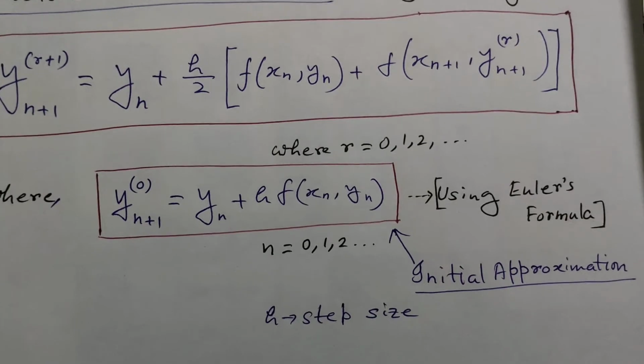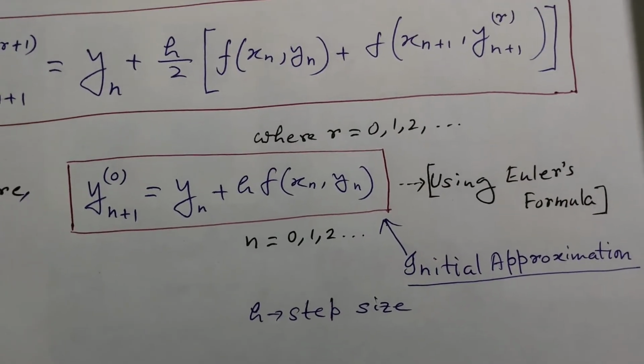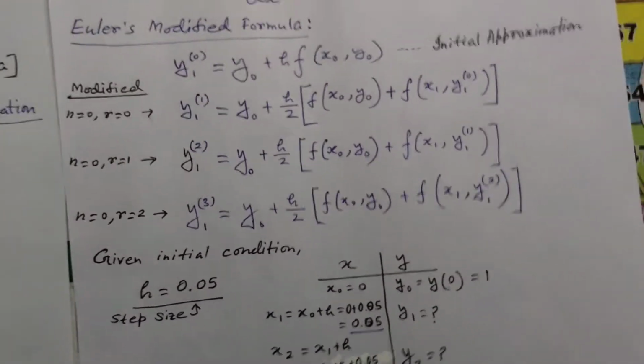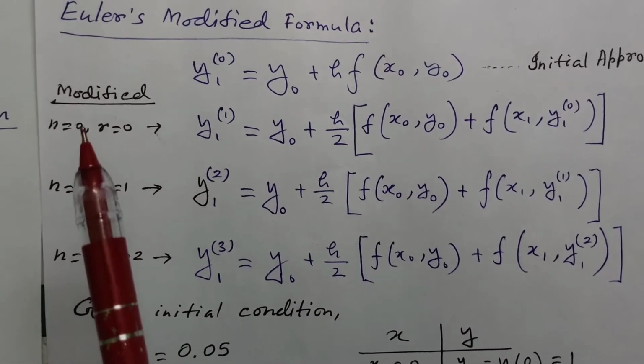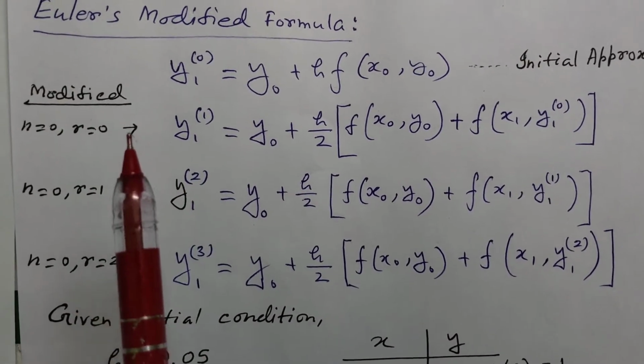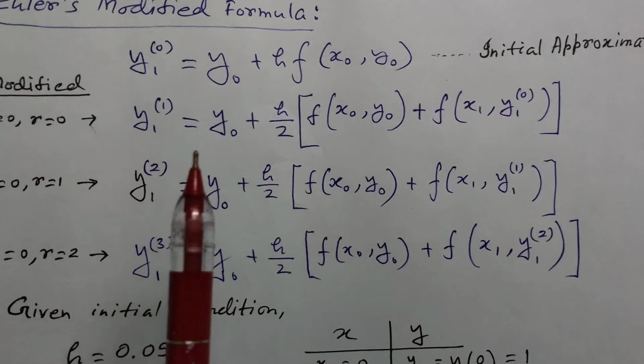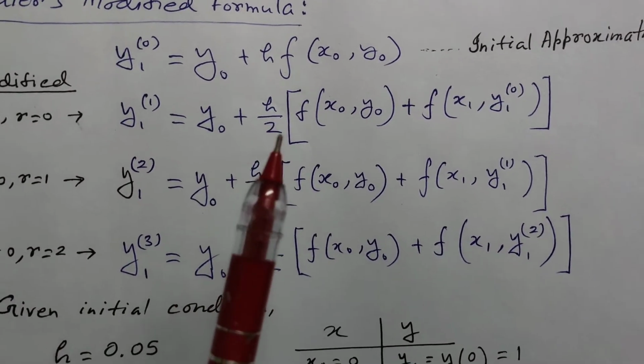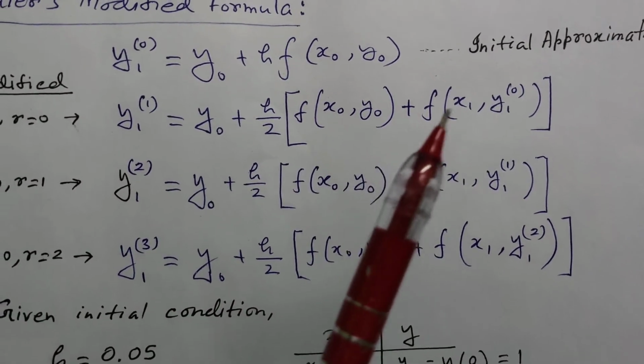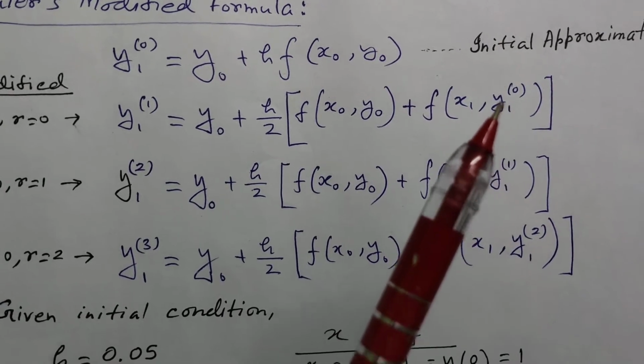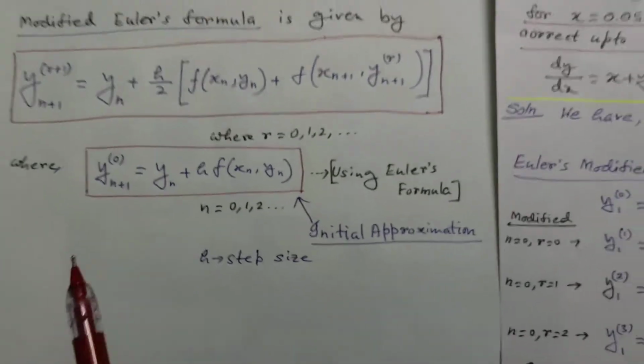After that, for y2, n will be 1, like that. So for n equals 0 and r equals 0, y1^(1) becomes y0 plus h/2 times [f(x0, y0) plus f(x1, y1^(0))] from this formula.